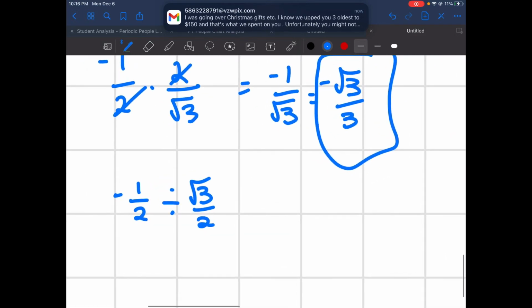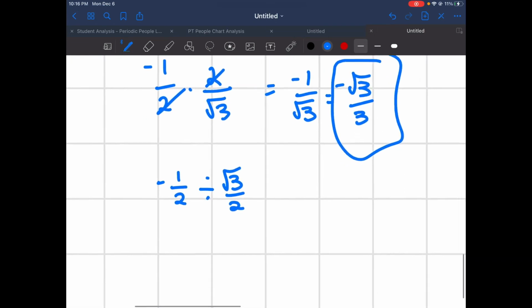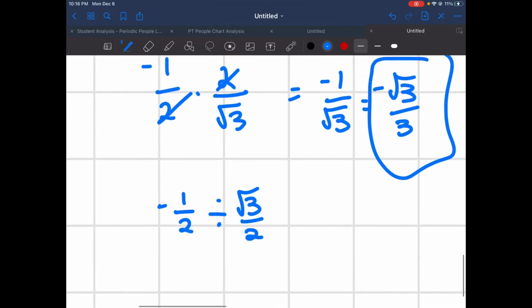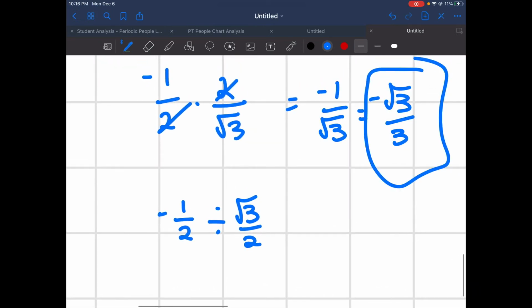So now we know we need to keep this ratio the same. We know that the negative 1/2 in the original problem was the cosine value. Because this is tan, it is going to switch to be the sine value, and this is going to switch to being the cosine value. And from there, we simply have to map that out.